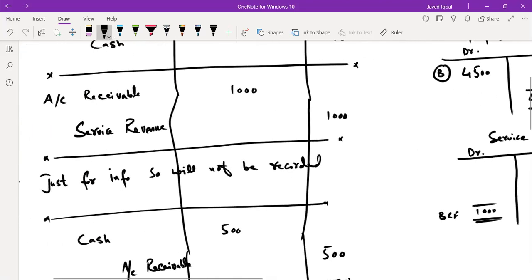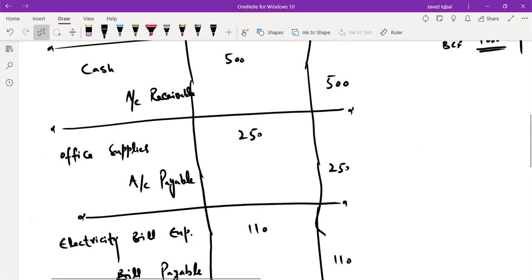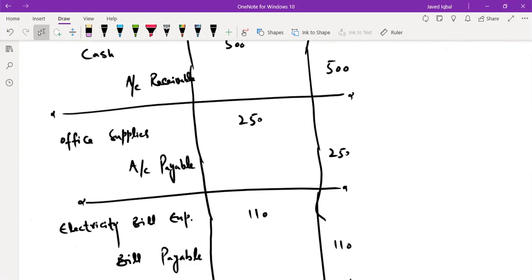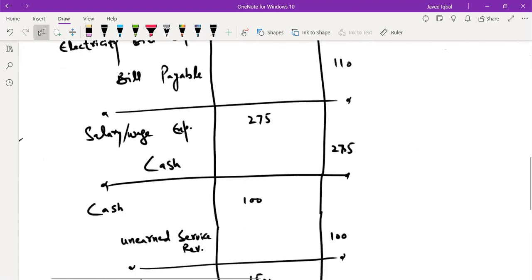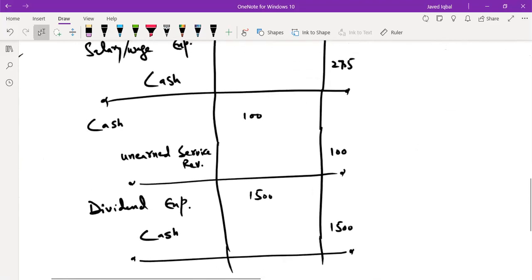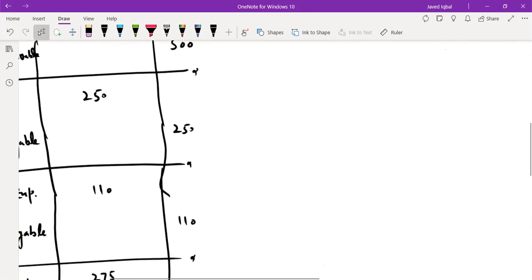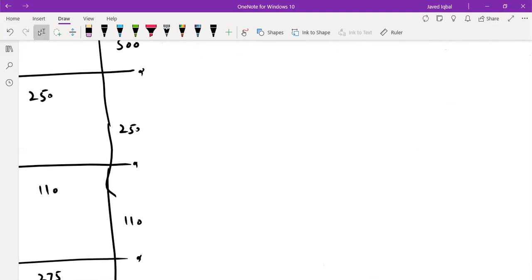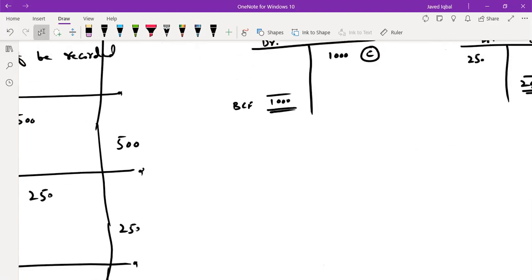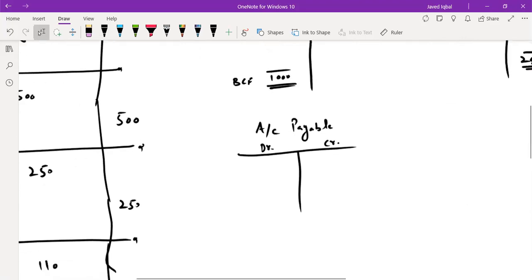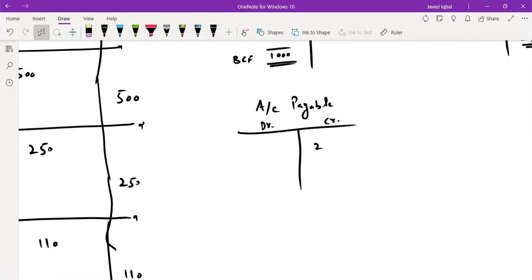So we had this from the account payables account. So we have only one account payable, I believe. So we will be writing it as account payable. The amount is of 250.